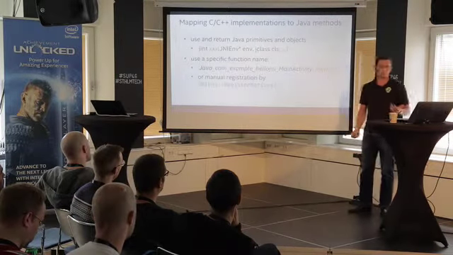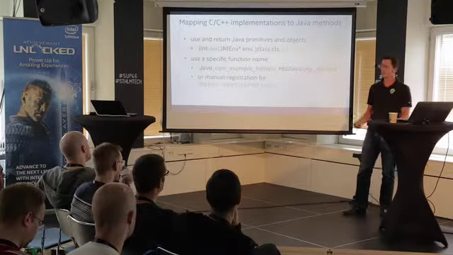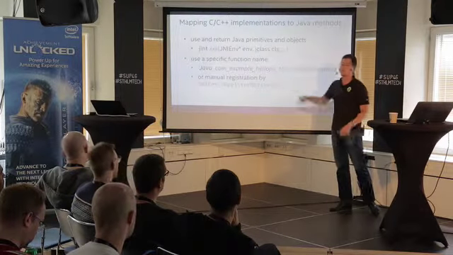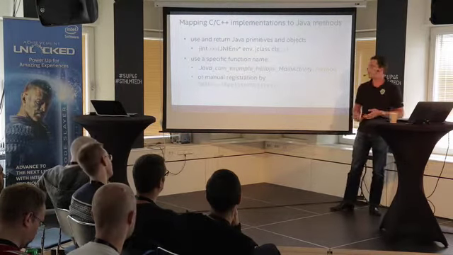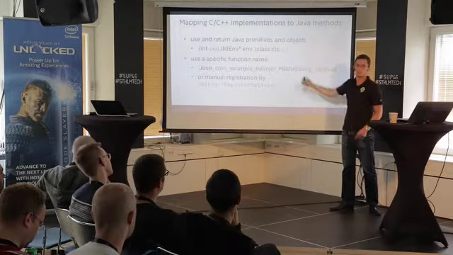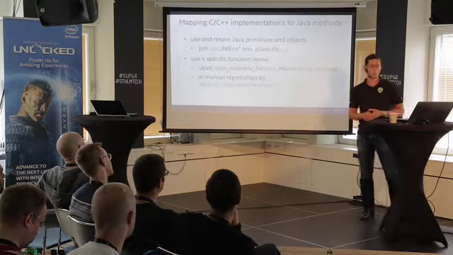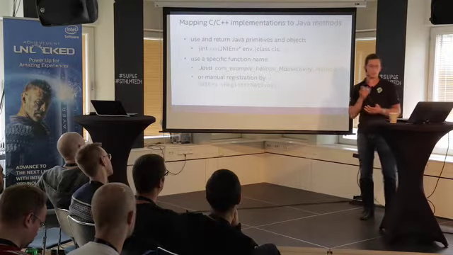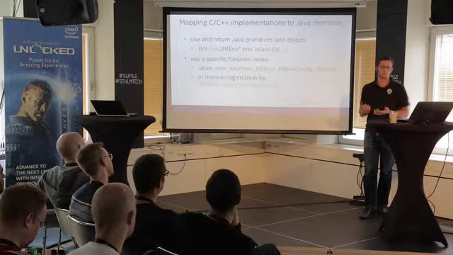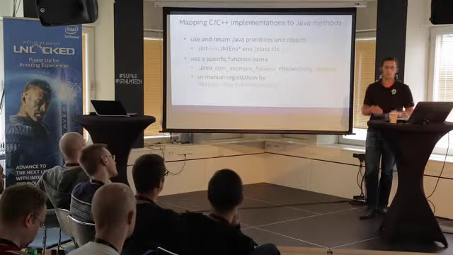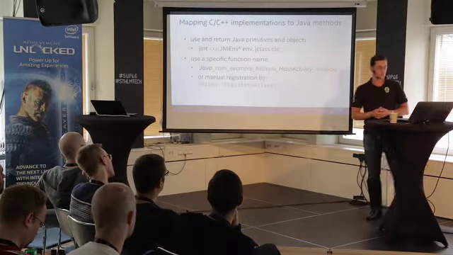You need to return Java primitives objects, and you get at least two variables. The first one is always the JNI environment, and then it's a jclass if it's a static method, or a jobject if it's just a method. And for the second variable, you get the instance of the object or the class. Not the name, but the actual class.